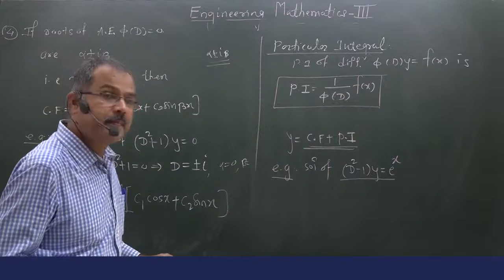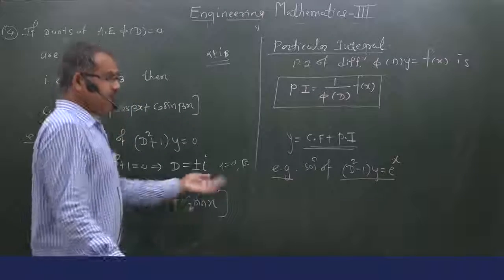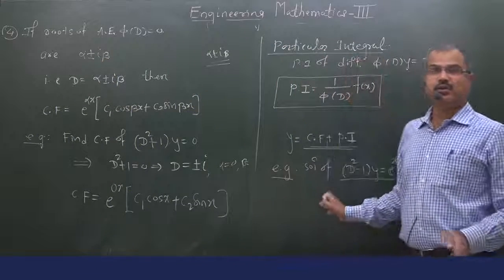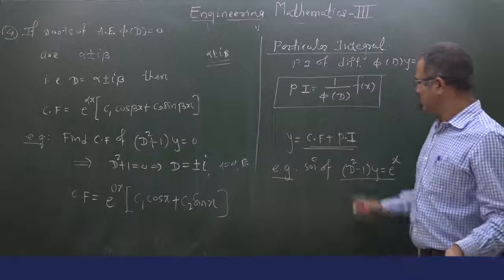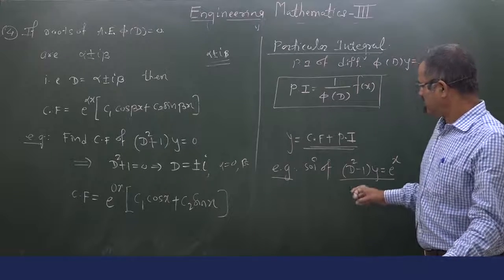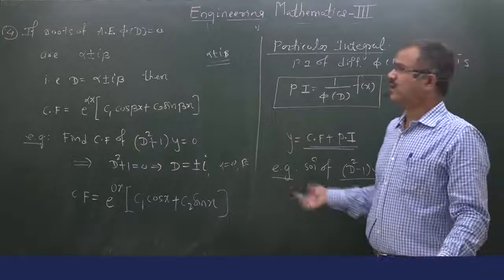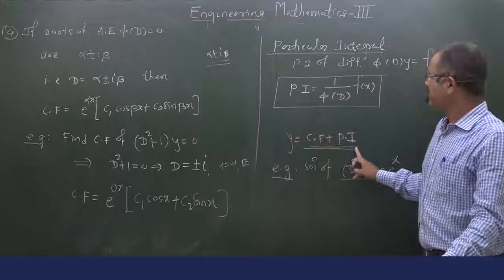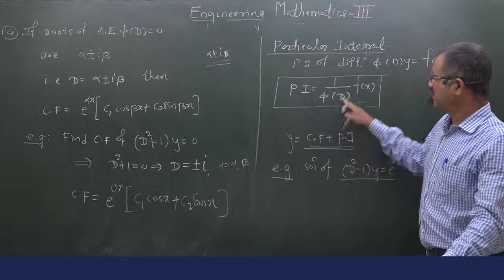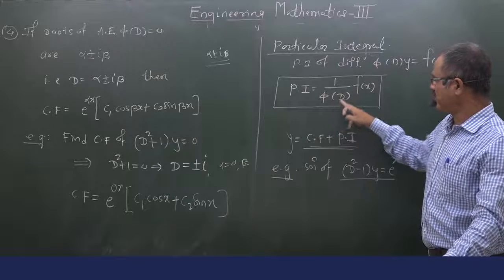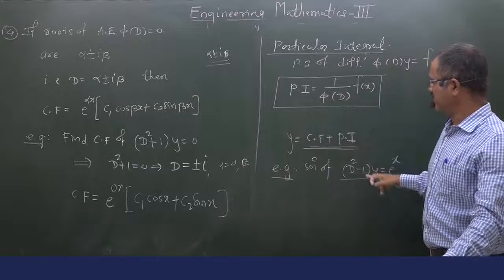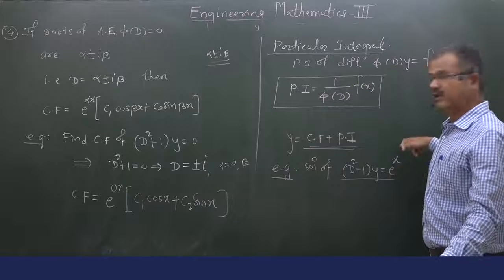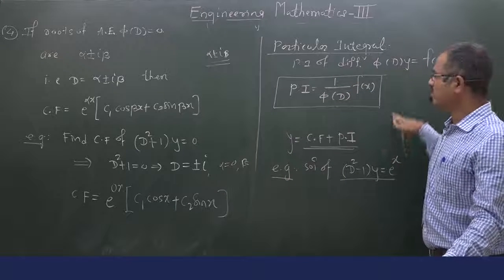First of all, write the auxiliary equation, D square minus 1 equal to 0, then find its roots. Its roots are D is equal to plus minus 1. Write the complementary function, which is the first part. In the second part, find the particular integral, 1 upon phi of D, where phi of D is equal to D square minus 1. So the particular integral is 1 upon D square minus 1 into e raised to x.